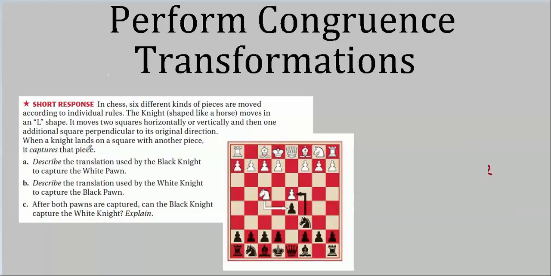Describe the transformation used by the knight to capture the white pawn. Well, that explains why they described it as 2 up and 1 over, because the diagonal is something we're not too good at defining yet. So, describe the translation used by the black knight, this one here. What did he do?